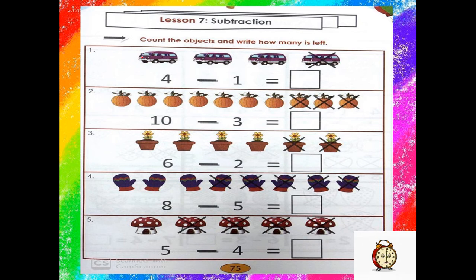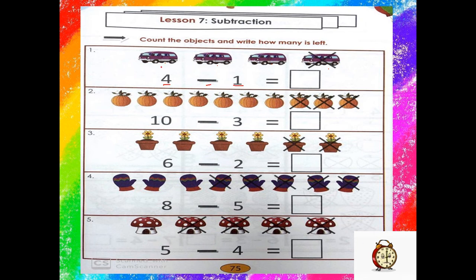Here we have 1, 2, 3, 4. We have 4 vans, so we take the first number here, 4. And minus means you take away. How many objects here have an X? Only 1. So you will say 4 minus 1.